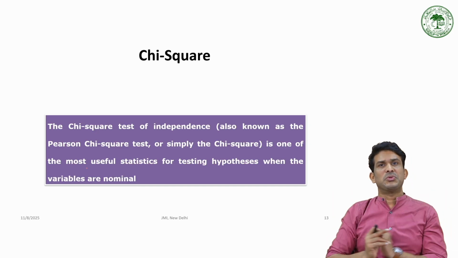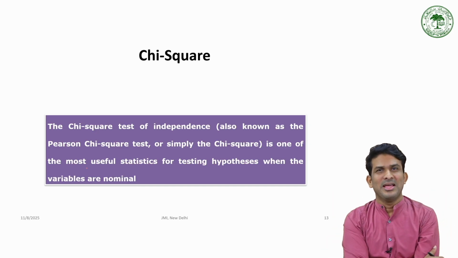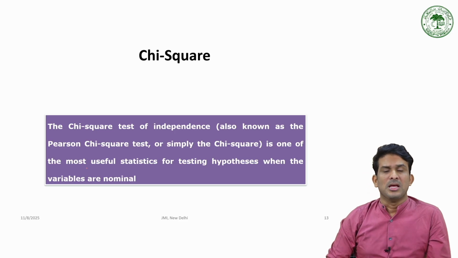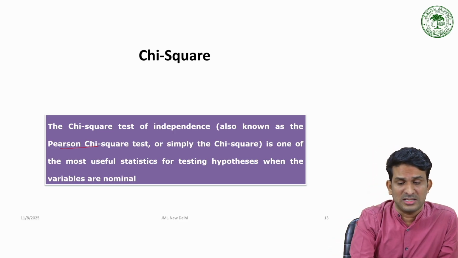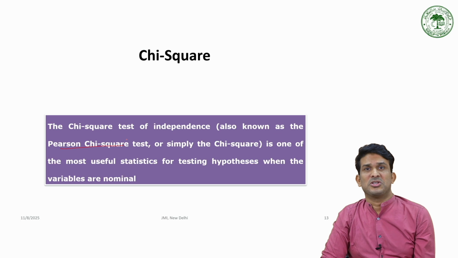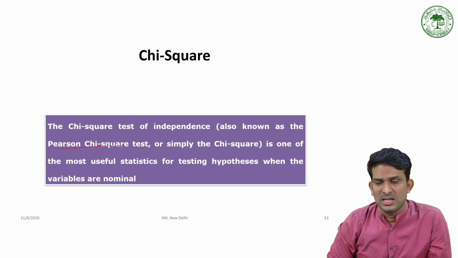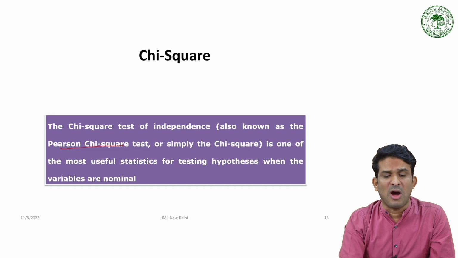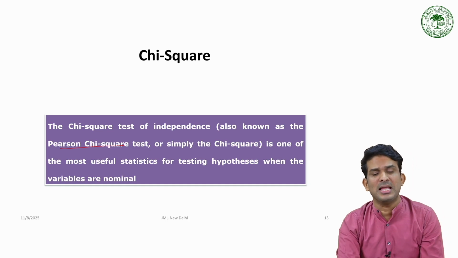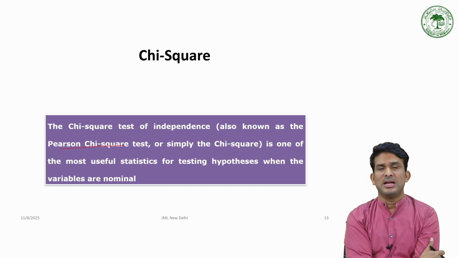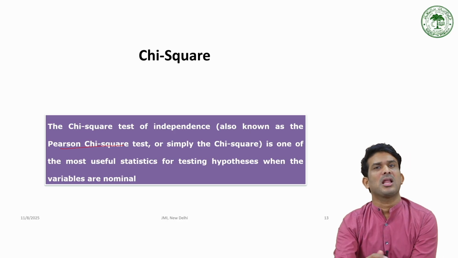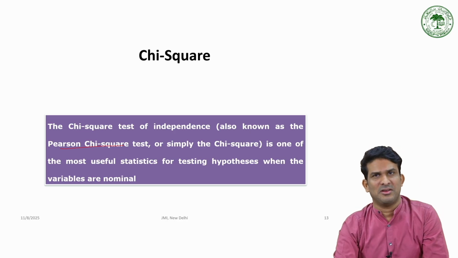Now let us conclude. What is chi-square? Chi-square test of significance is also known as Pearson's chi-square, as it was developed by Karl Pearson, or simply we sometimes call it chi-square. It is one of the most widely used statistics for testing a hypothesis when the observations are nominal in nature.